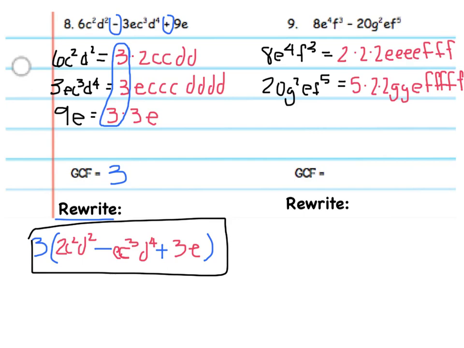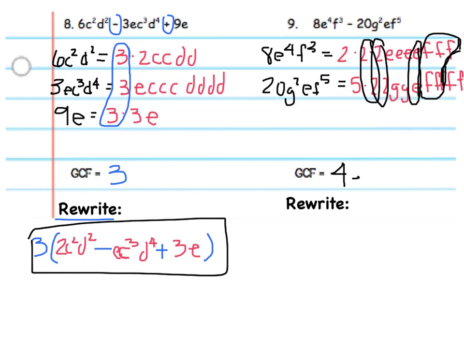Now let's circle what they all have in common. What numbers do they have in common? They have the number 2 and the number 2. So 2 2's, I notice they have 1 e in common, and I notice that they have 3 f's in common. So my GCF is, well, 2 times 2 gives us 4.